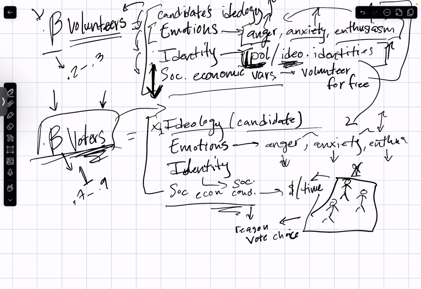Some people at least believe, and there's kind of a debate about this in political science as to how likely this is and how prevalent a phenomenon it is, but a lot of people will tell you, well, I voted for this person because the economy's really bad, and I want to vote for someone who I think will do better with the economy, or just someone who's not that person because they're so bad with the economy, okay?